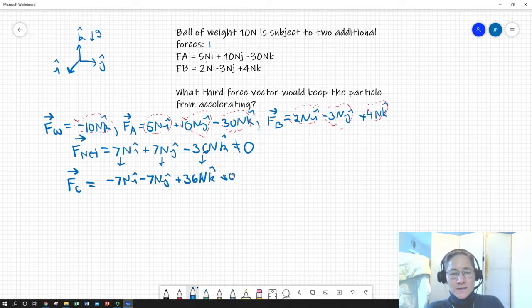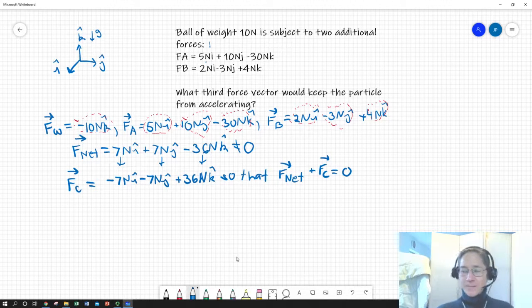So that F net plus FC equals 0, which is the condition for equilibrium. And that's it.